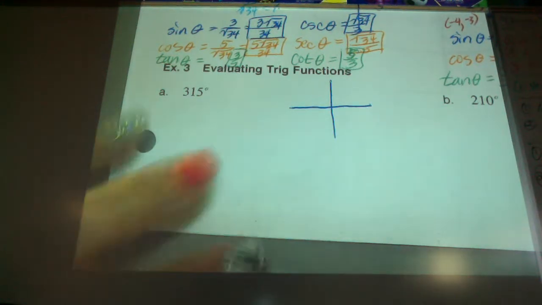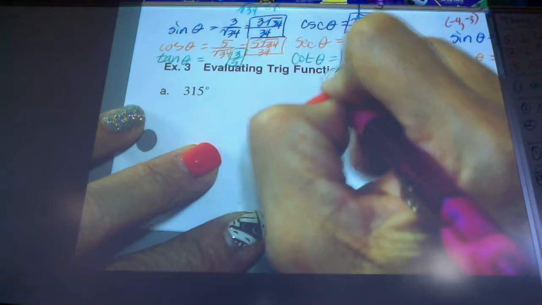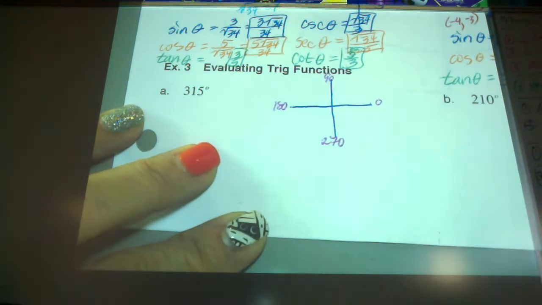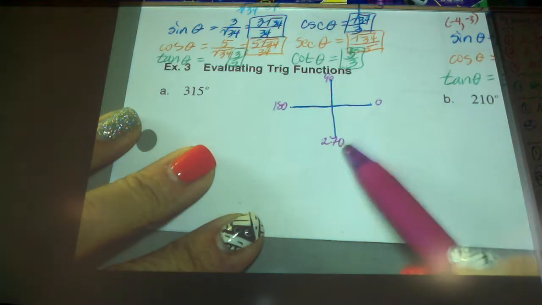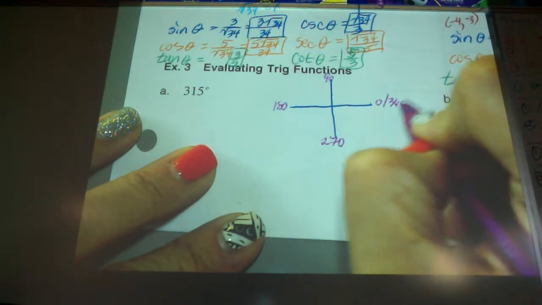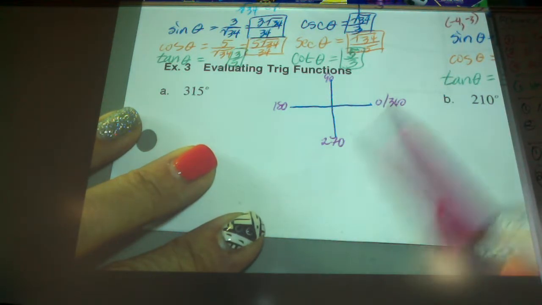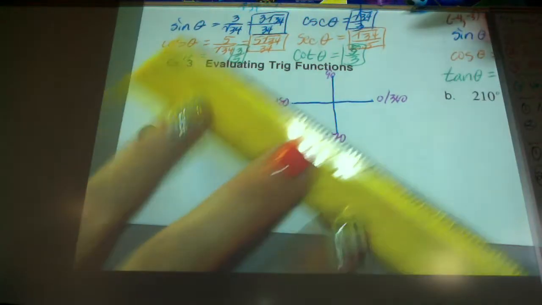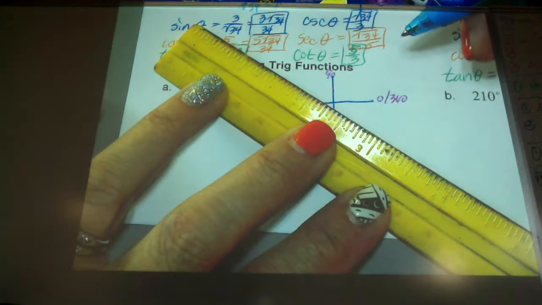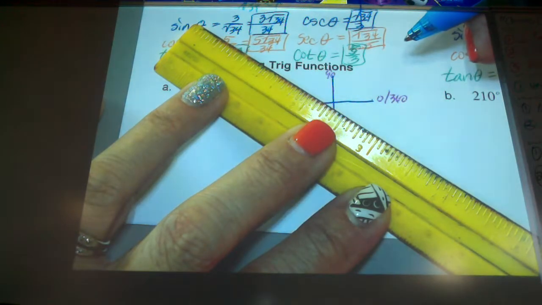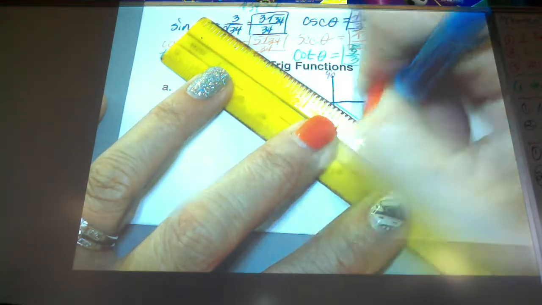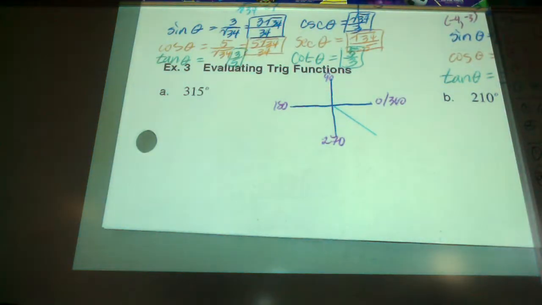Well, this is 0 degrees, 90 degrees, 180 degrees, and 270 degrees, and then this is again 360. So doesn't it belong between these two? I don't care where you draw it, as long as you draw it in that quadrant. I'm not going to be picky and say, oh, I'm sorry, you drew a 320-degree angle, it's wrong. I would never do that because the purpose is just to figure out what quadrant it's in so we can figure out the signs that we're dealing with.